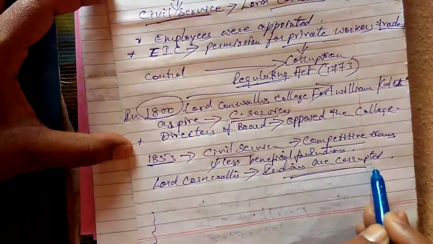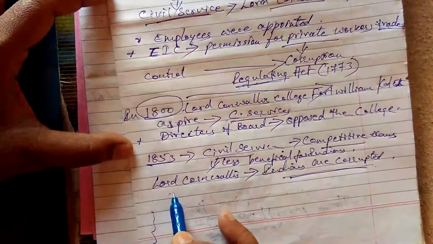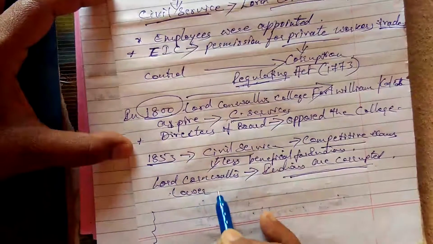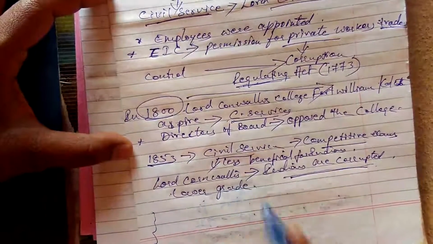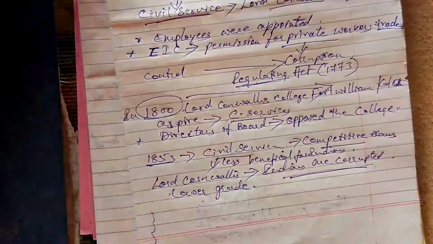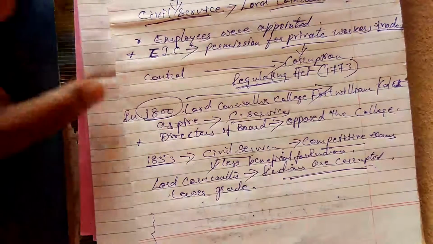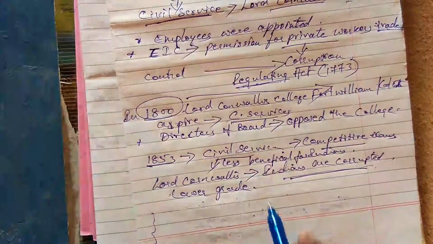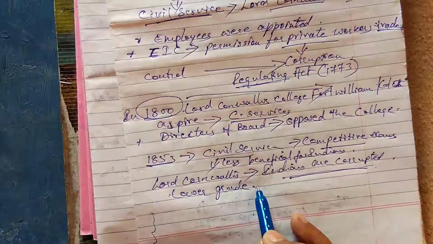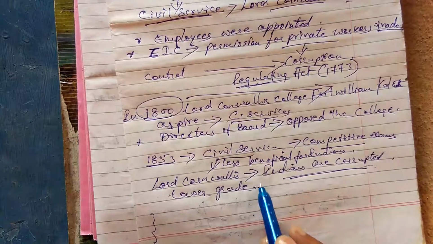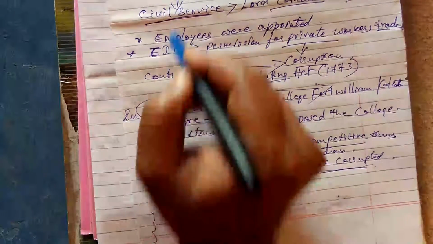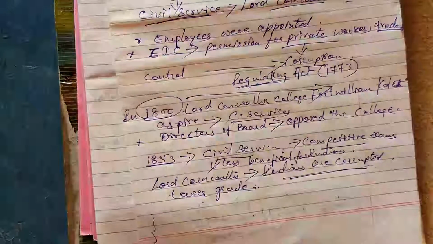Because of this principle, Indians were given jobs only in the lower grade. So this is how we can see the impact of the British, especially on the Indian administrative system.